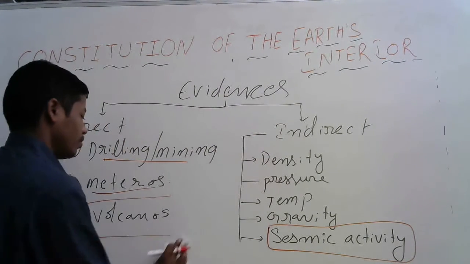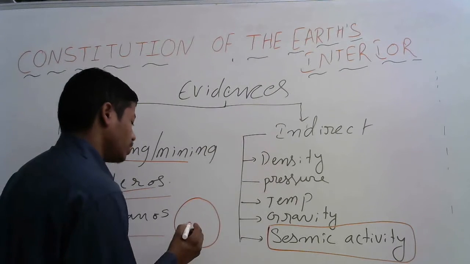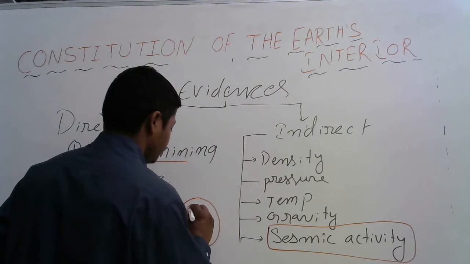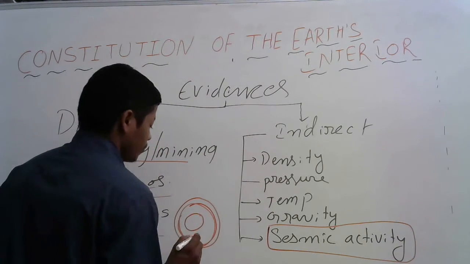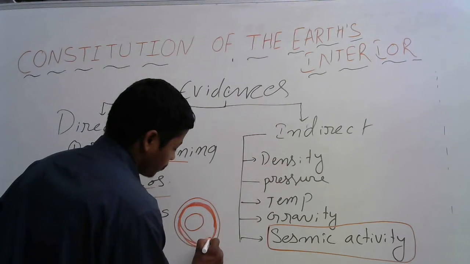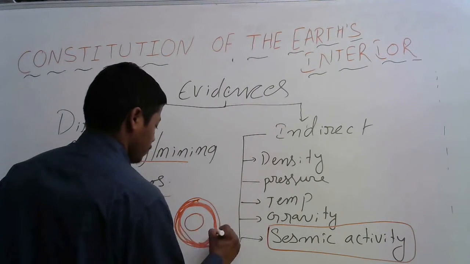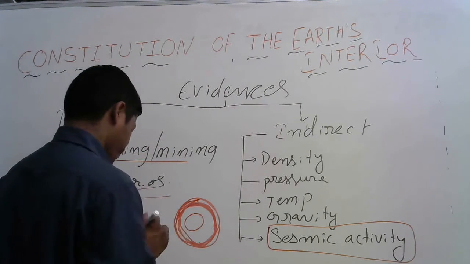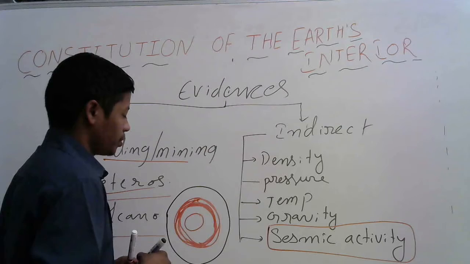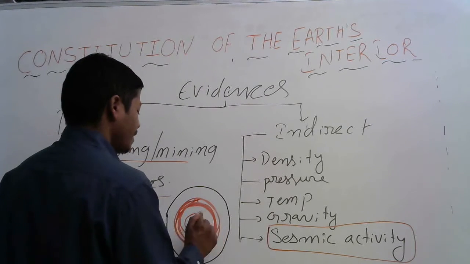This is the crust, this is the upper mantle, the asthenosphere, then the lower mantle, and the core.